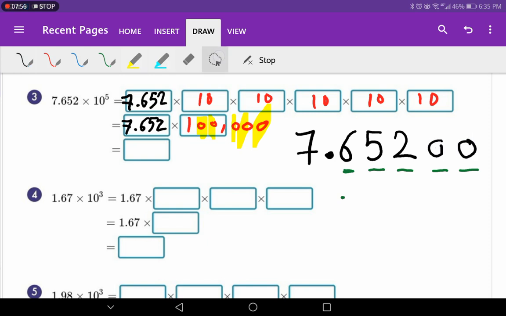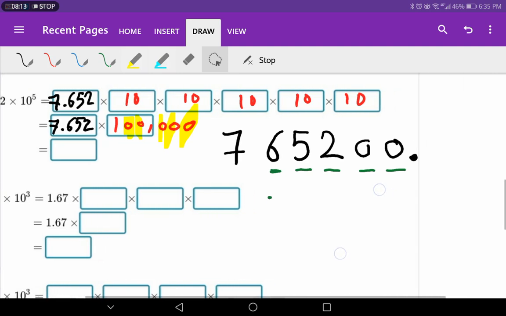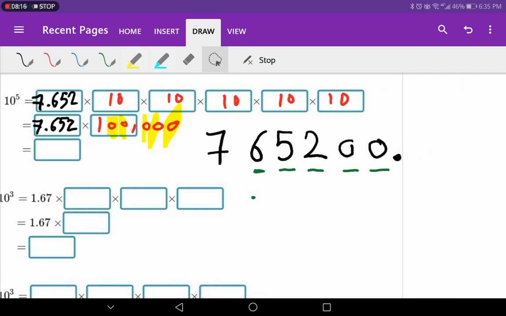Now move the decimal point: 1, 2, 3, 4, 5. So it will be here. You see the number? And as we learned, the 0 after the decimal is for decoration. We can write it like this, or we can eliminate anything after the decimal point.